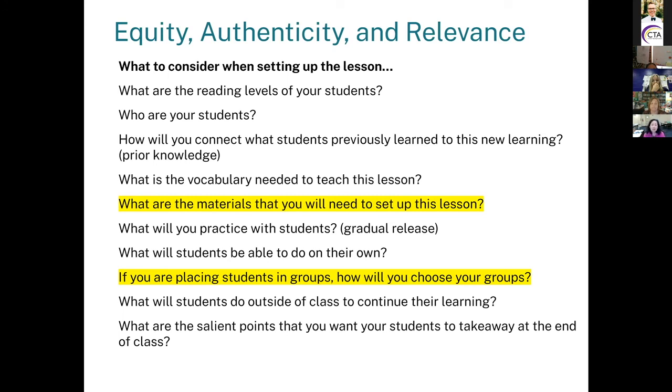How you connect what students previously learned to this new learning, the prior knowledge. That's why we talked about, for instance, starting off with the characteristics of different genres, because they've studied that since second grade. Cheryl talked about starting where she started and ordering them in a progression, her task, so that continues to connect to prior knowledge. And you all talked about the vocabulary needed to teach the lesson.